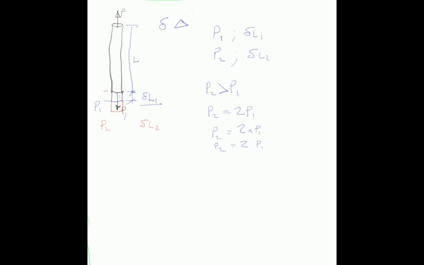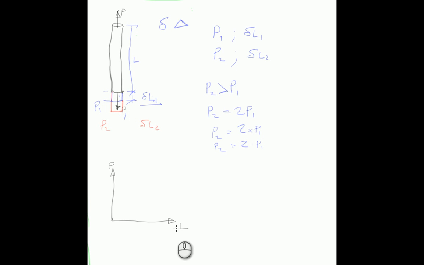And we can represent that on a set of axes such that we can represent the force that we are pulling with on this axis and the change in length of the sample that we are looking at.